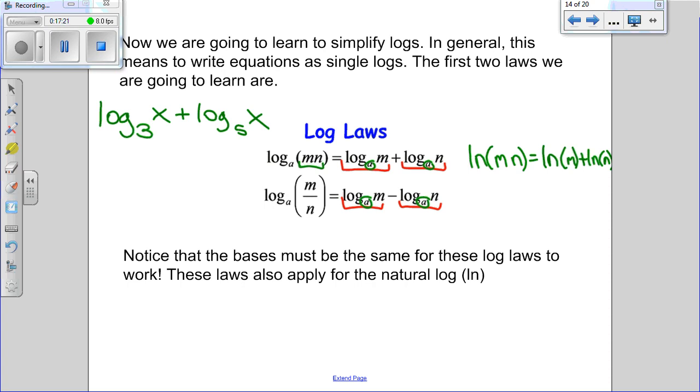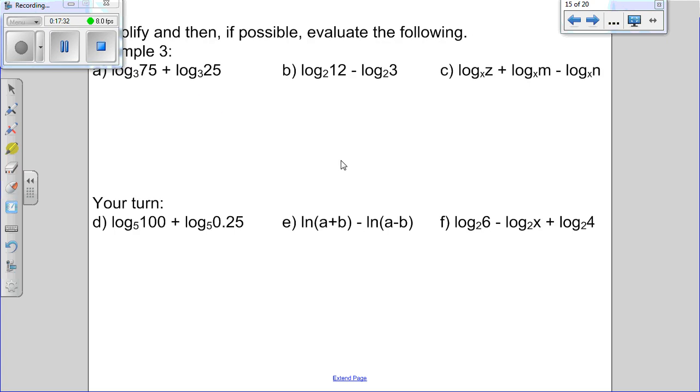All right, how this looks in examples. We're going to do 6 together. We have 2 log statements. They have the same base. That means we could combine these logs because they're being added and it's the same base. 2 logs being added means you multiply the arguments.